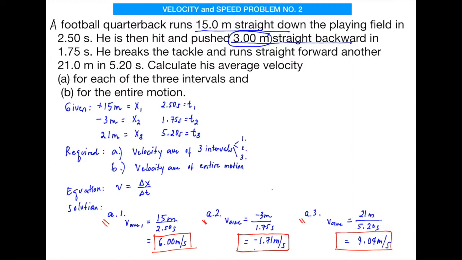Now, how about for letter B? Let's try to answer letter B. Still we have the same formula, that for letter B we have total displacement over total time. So we can simply write it as average velocity B, that is displacement over total time.